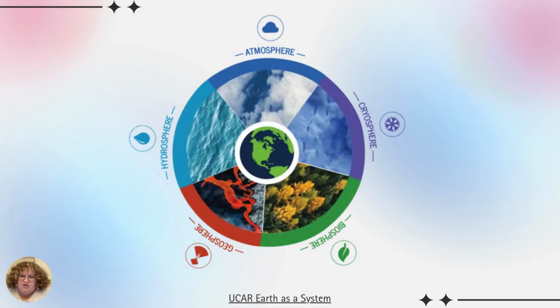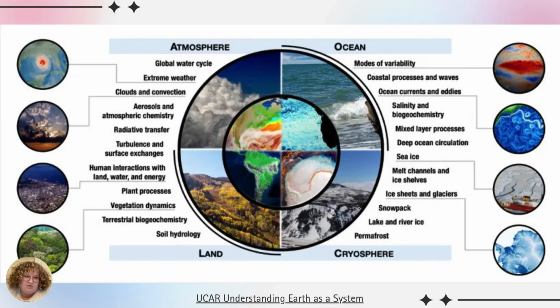The geosphere is going to be more of the rock and geological study stuff, and the hydrosphere is all of the water, freshwater and saltwater, on Earth. Although these are five different spheres, we also know that all of these interact with each other.